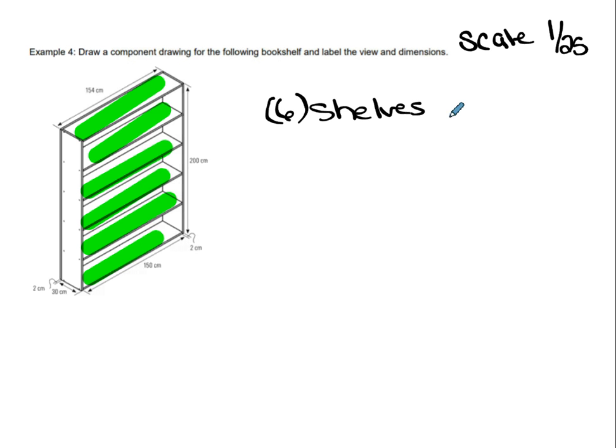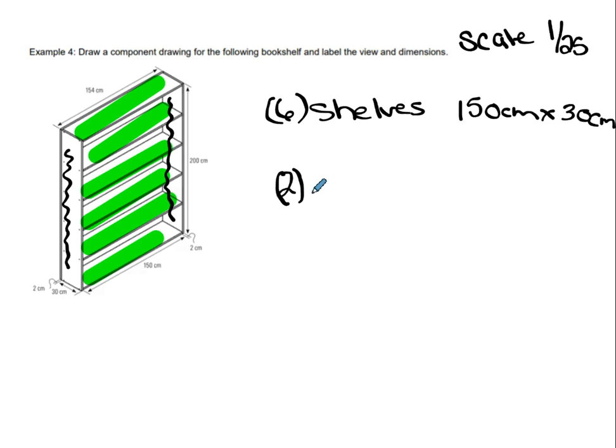The measurements of the shelves are 150 centimeters by 30 centimeters. Now I'm going to have a side here and a side over here, so there's 2 of them, and they are our sides, and they are going to be 30 centimeters by 200 centimeters.